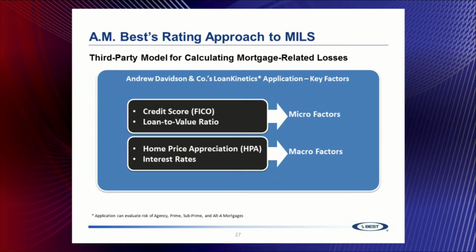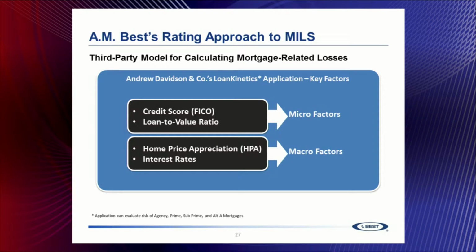In this type of transaction, loan level data is always available. So AM Best would use a third-party credit model, LoanKinetics from Andrew Davidson, to calculate mortgage loss related to the reference pool. LoanKinetics takes loan level data as input and outputs the monthly loss number at various confidence levels.